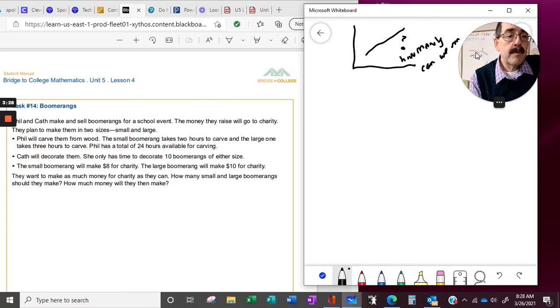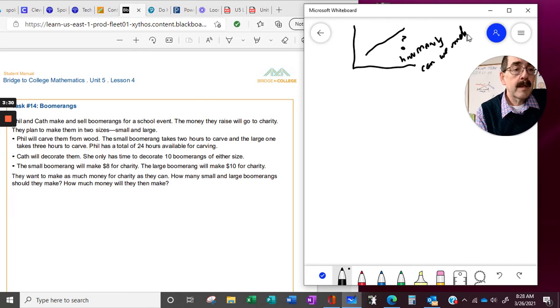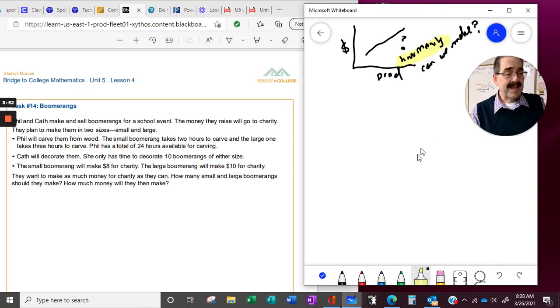That's the problem. How many we produce provides money, and this is for the charity. If the problem lies in how many, then that's where we should start.